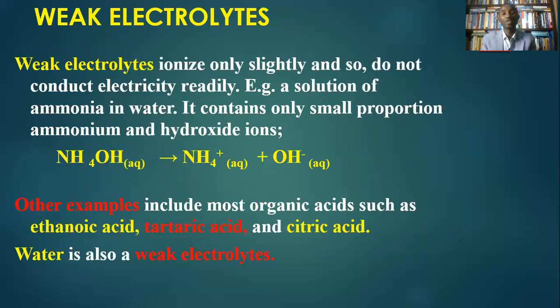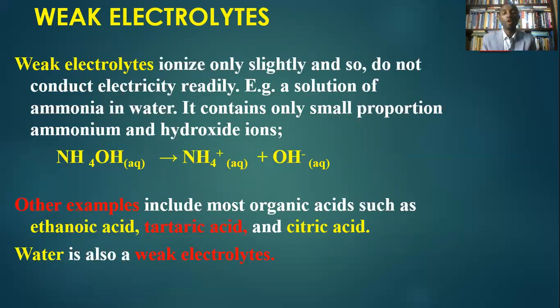Ammonia, when it dissolves in water, forms ammonium hydroxide. Ammonium hydroxide is ammonia aqueous. And when it ionizes, it will produce ammonium ion and hydroxide ion. But it doesn't ionize completely, the way the strong electrolytes do.